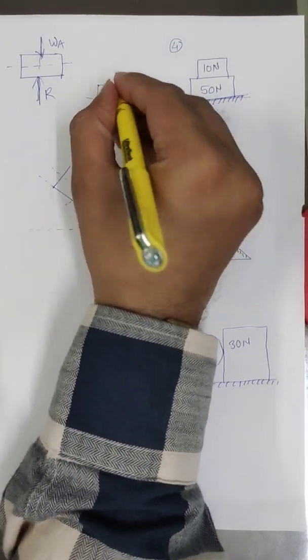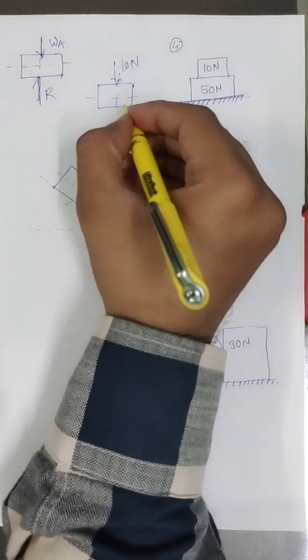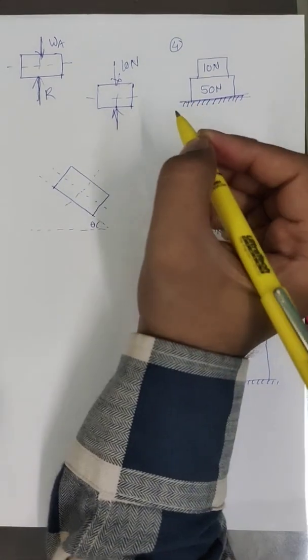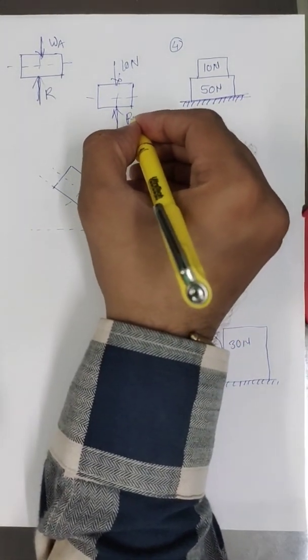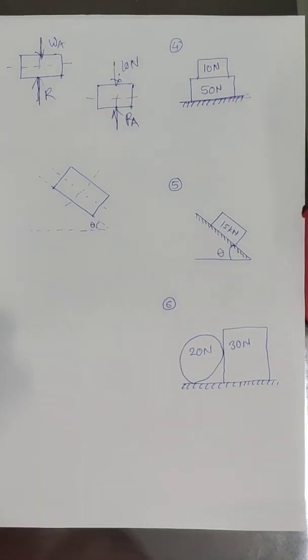Draw the block as it is, X axis, Y axis. That will be the 10 Newton, and this will be the support reaction exerted by block A. Okay. Such type of examples are in free body diagram. This is the procedure how we can draw the free body diagram of the various numericals.